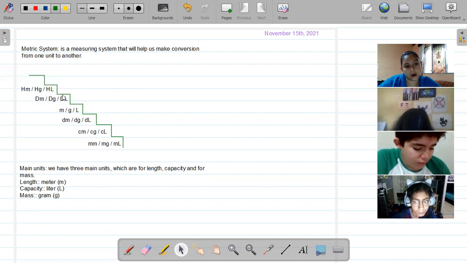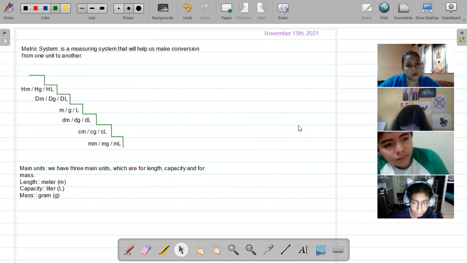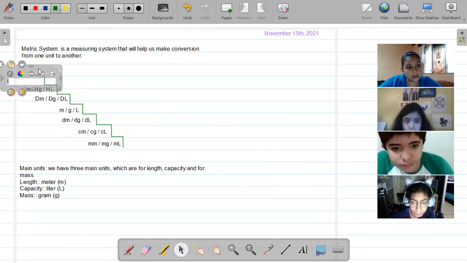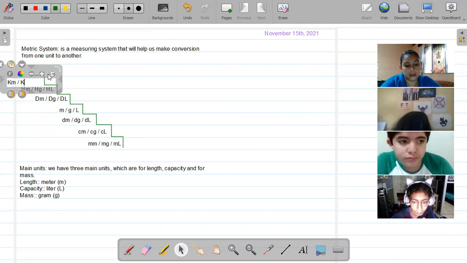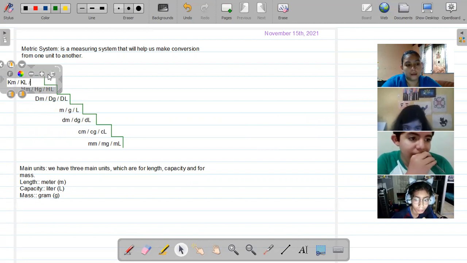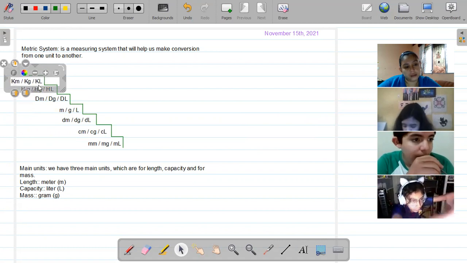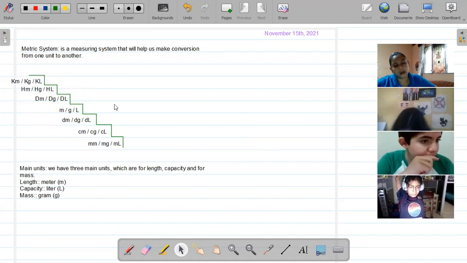In this case, both of them are capital letters, you can see it there. And the very last one that we have is the biggest one of them all, which are kilometer, kilogram, and kiloliter, also with capitals. Those are the only ones that have both capitals: kiloliter, hectoliter, and decaliter.